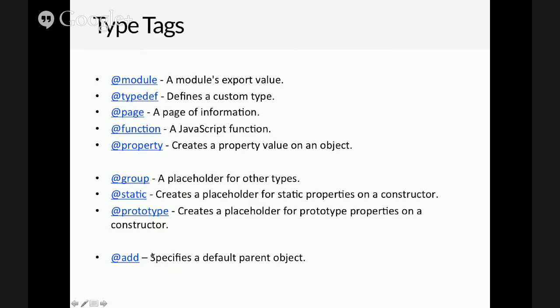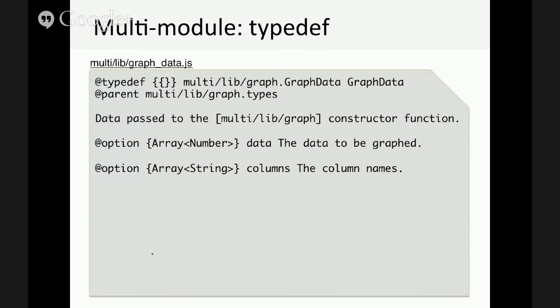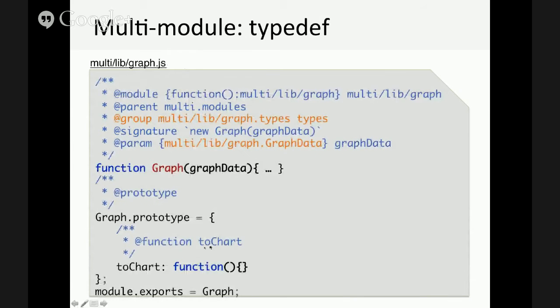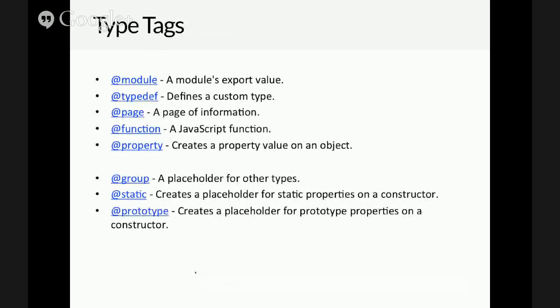As I mentioned previously, in this example, toChart knows that its parent object is the prototype. You can essentially set a default parent. The default parent after a prototype is the prototype, but you can configure and change that at any point with the add type tag.